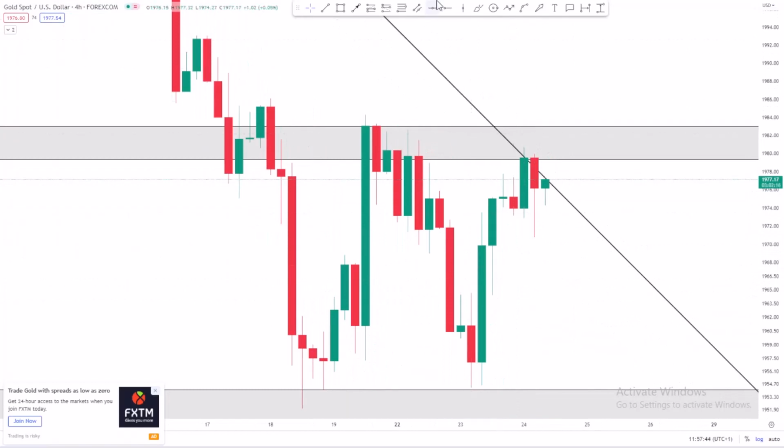Look at this candle. After this big bullish candle here, price failed to close above this structure. That is one thing. Then look at the next candle that followed that bullish candle.